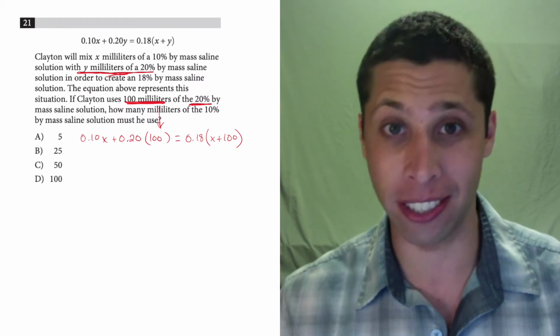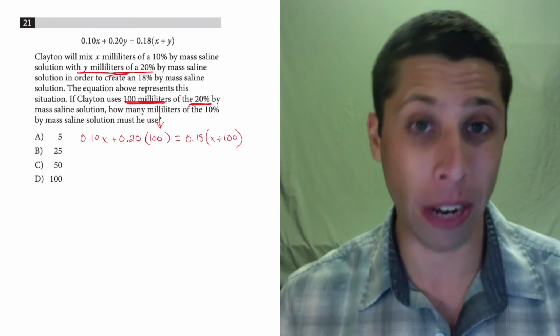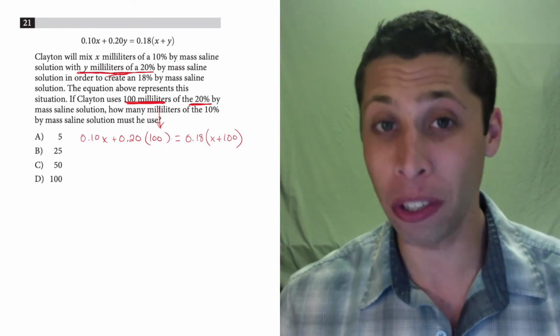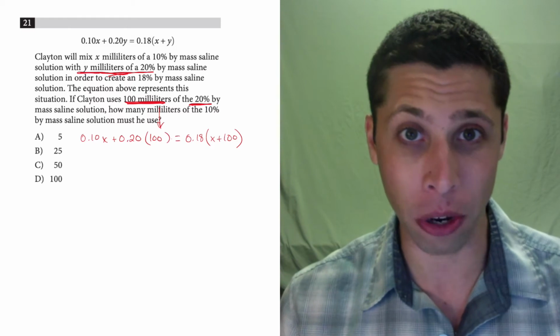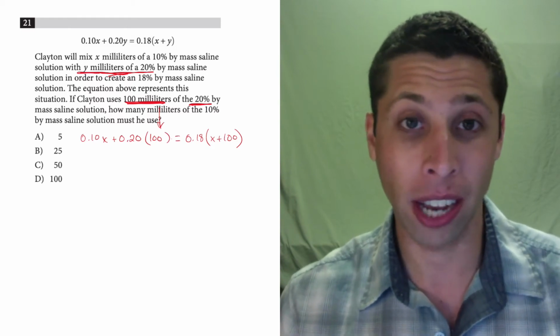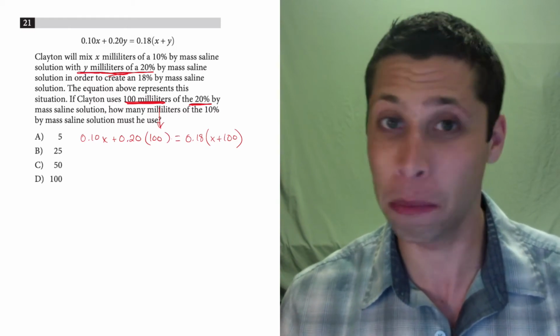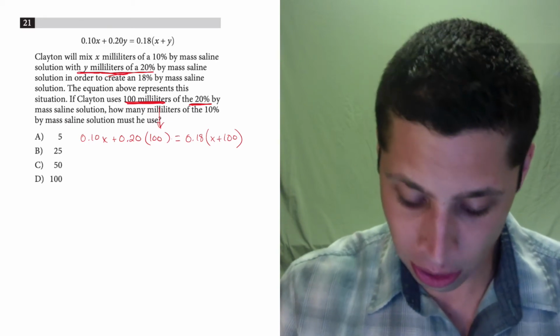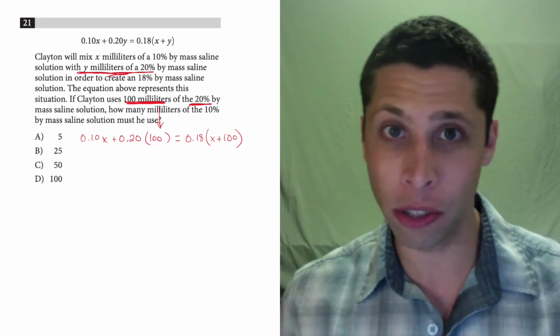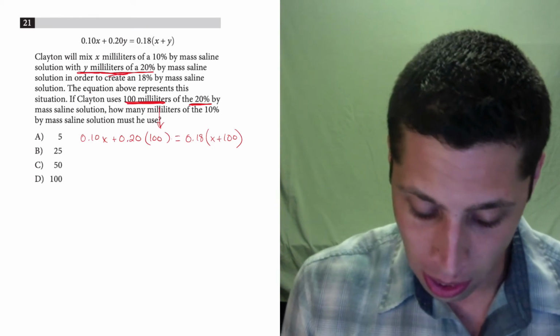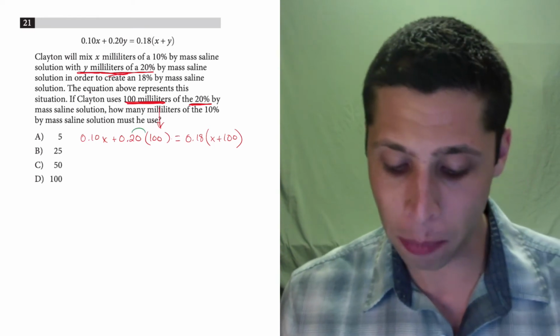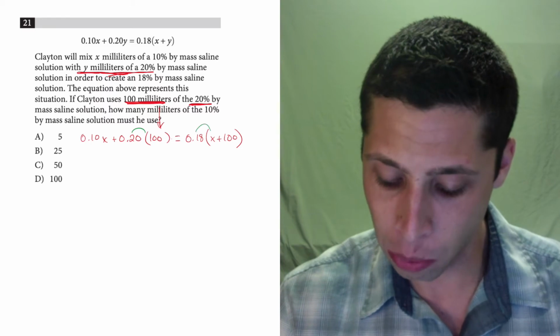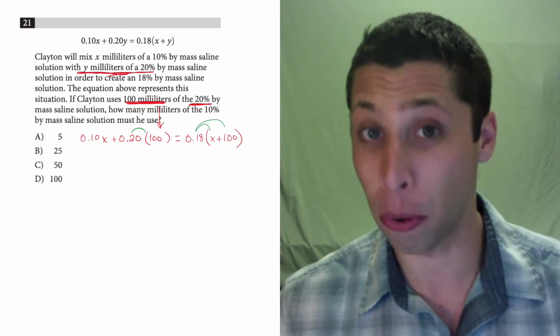There's a bunch of x's, and we know that if we have one variable in an equation, we can almost always solve for that variable. So now it's just a matter of following the order of operations, simplifying this, and seeing if we can get x by itself. Let's start by distributing and doing all this multiplication. We're going to distribute that 0.2 to the 100, and this 0.18 gets distributed to both of those terms.